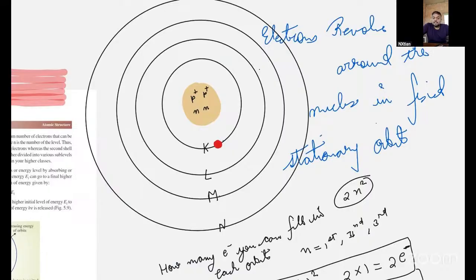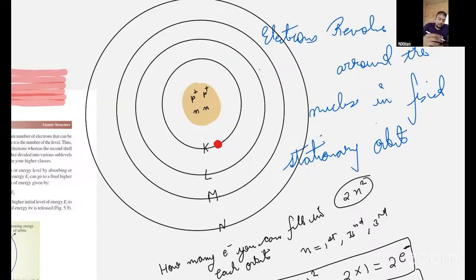In the same way, if an electron is there in the K shell, if he got energy from outside, for example in the form of heat, light, or any source, this electron will also get excited like David. Wow, I'm going to another energy level. Are you getting this?